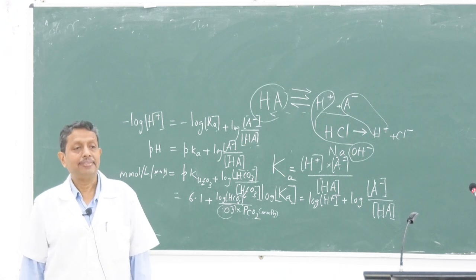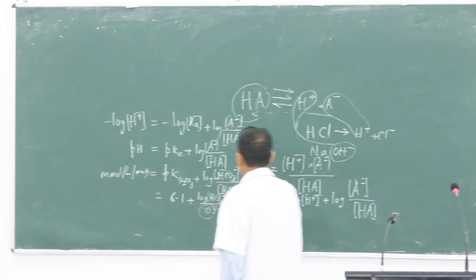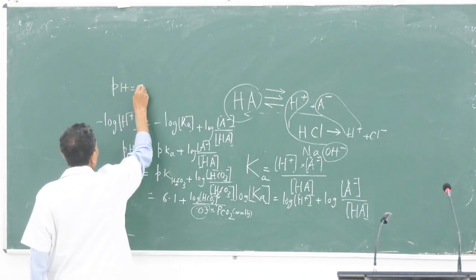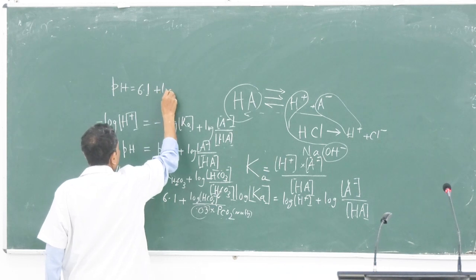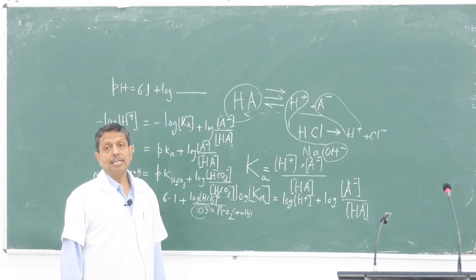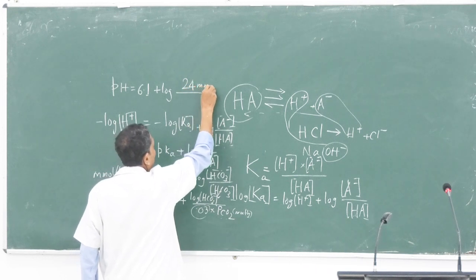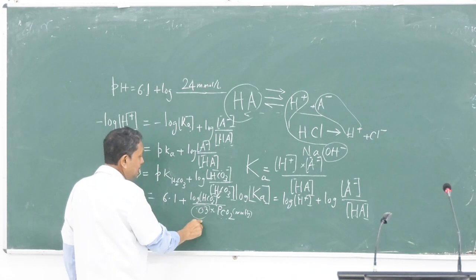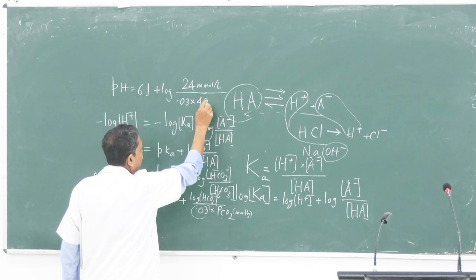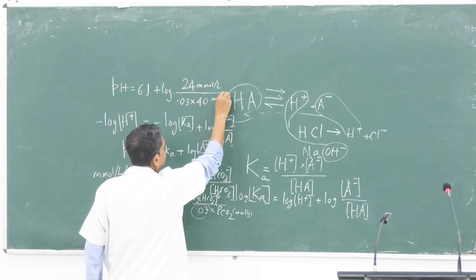Suppose in arterial plasma the bicarbonate concentration is 24 millimole per liter. Then pH is equal to 6.1 plus log of 24 over 0.03 multiplied by 40 millimeter of mercury, which reduces to millimole per liter.